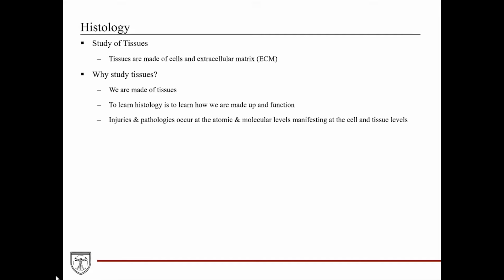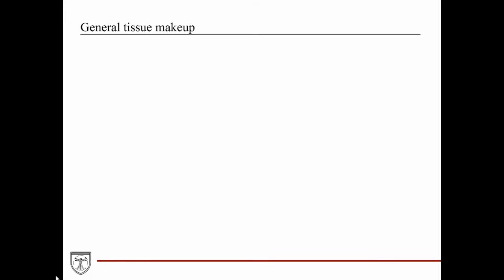And I gotta tell you that injuries and pathologies that we suffer occur at the atomic and molecular levels that manifest at the cell and tissue levels. And as much as we'd like to study these injuries and pathologies at the atomic and molecular levels, at least at present, cell and tissue levels remain the most easily and economically accessible forms of ourselves for diagnostic and for treatment purposes. So it's pretty important.